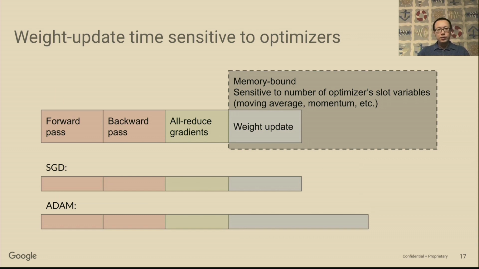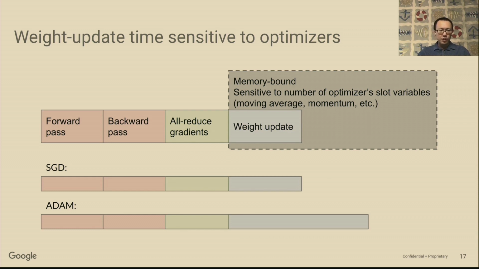So let's look further into what's happening inside the weight update part. A lot of those optimizers use element-wise operations, which are memory bound. And because of this, they are also very sensitive to the number of optimizer slot variables.